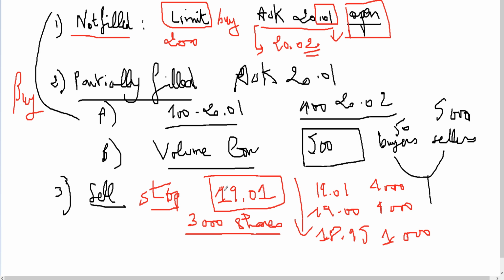And understand that it is not only you who has 3,000 shares. You will find maybe 20,000 shares are also being sold in these minutes that you put 1901. So all this will come together, and the first gets filled first, and so on.